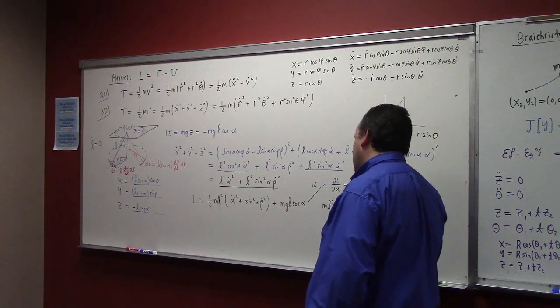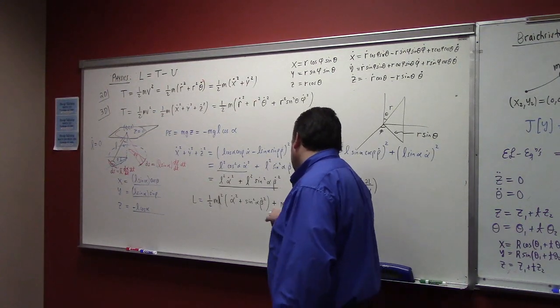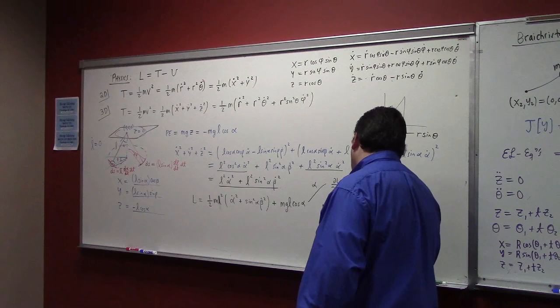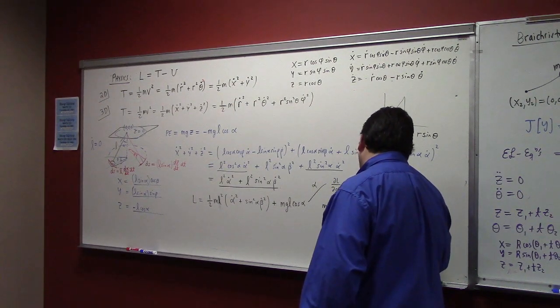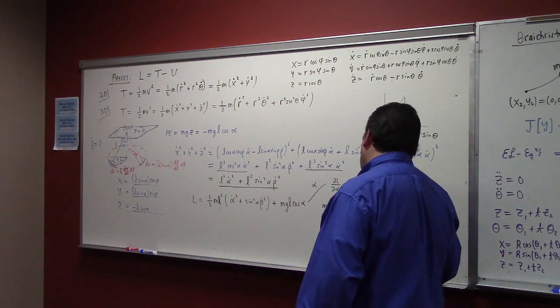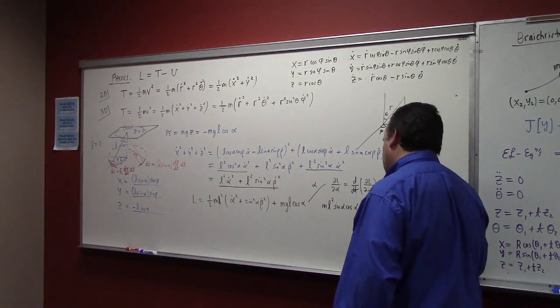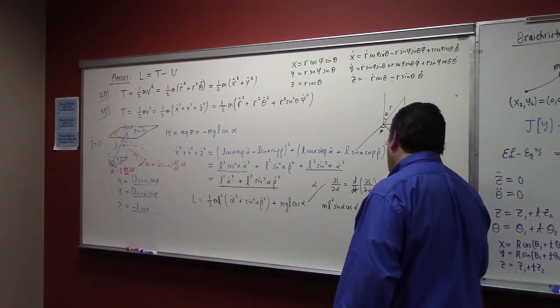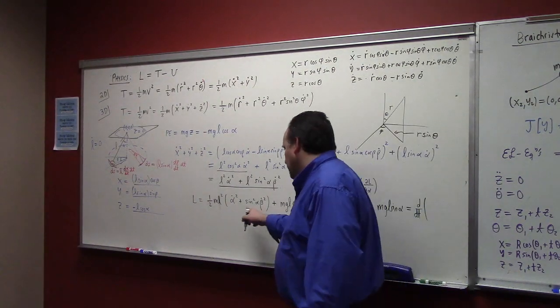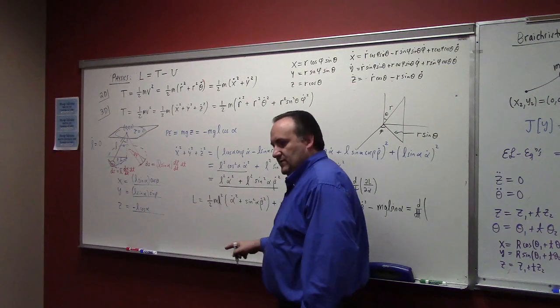Oh, there's lots of alpha dependence here, isn't there? And then this one too, right? Minus mgL sine alpha is equal to what? d dt of partial L partial alpha dot, which is what? Well, partial L partial alpha dot is just that term.